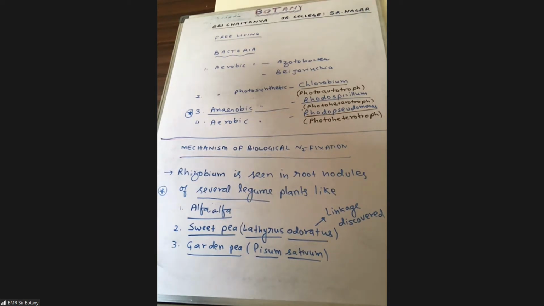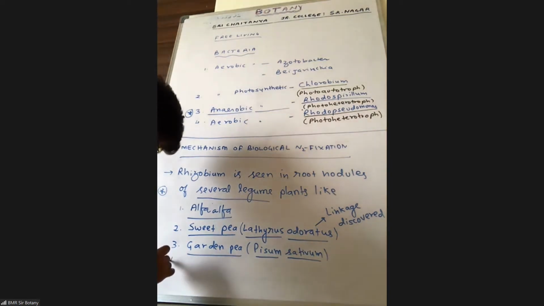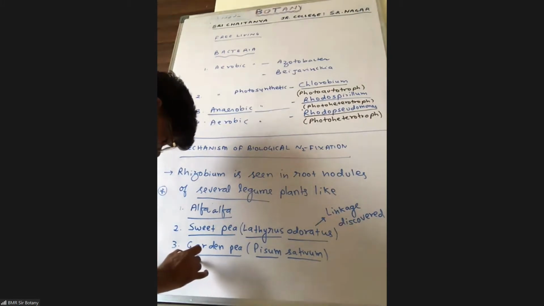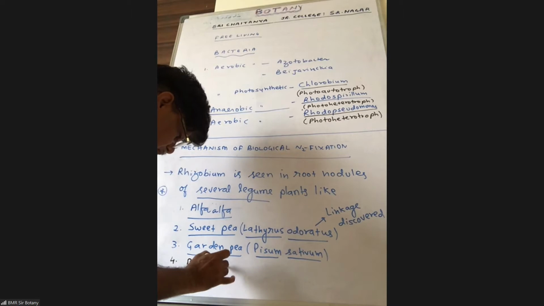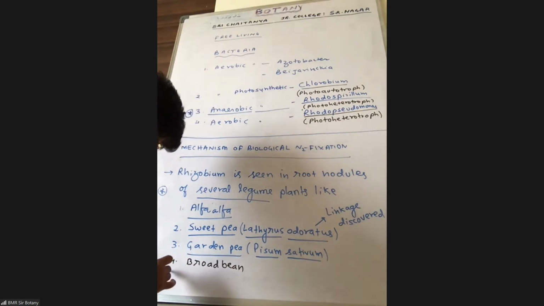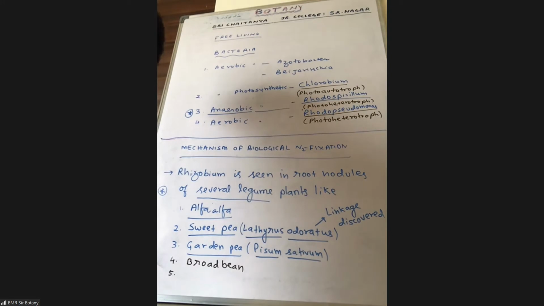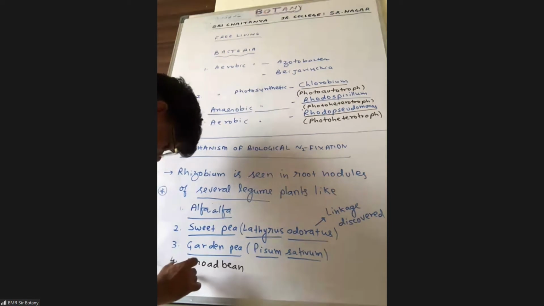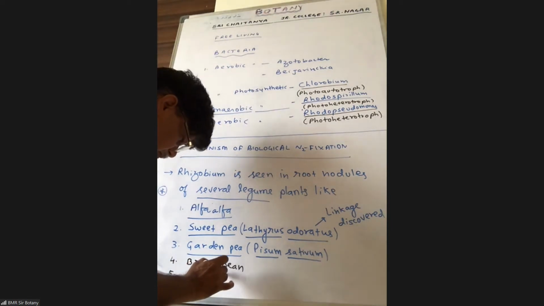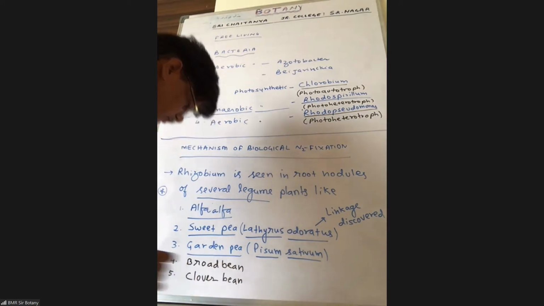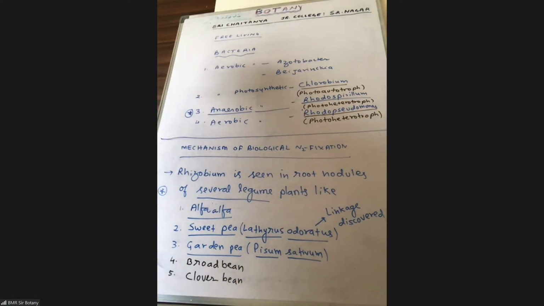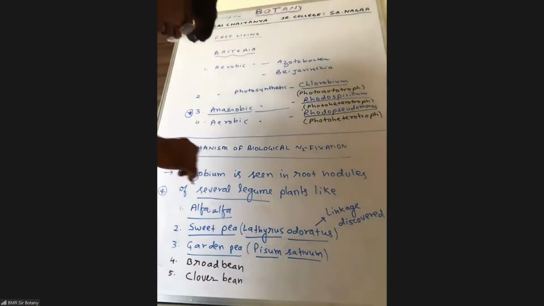Okay. Then two kinds of beans: broad bean, clover bean. In addition, sweet clover and lentil.